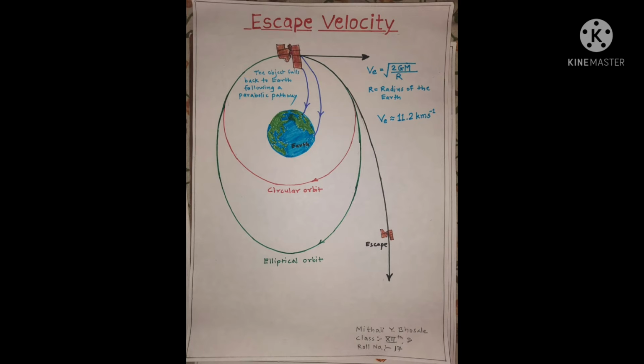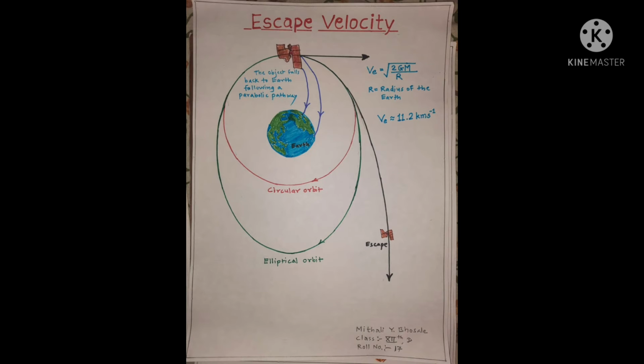If this much energy in the form of kinetic energy is supplied to the particle, it leaves the gravitational field of the Earth. So if Ve is the escape velocity of the particle, then from the conservation of mechanical energy we have 1/2 m Ve² = GMm/R, and finally Ve = √(2GM/R), where R is the radius of the Earth and is equivalent to 6.4 × 10^6 meters.